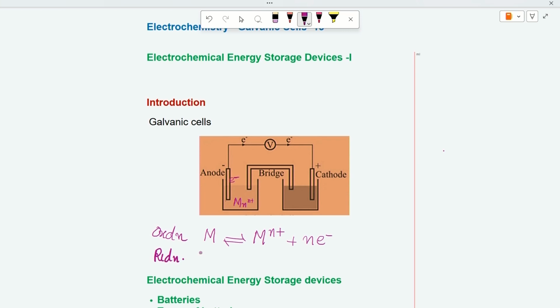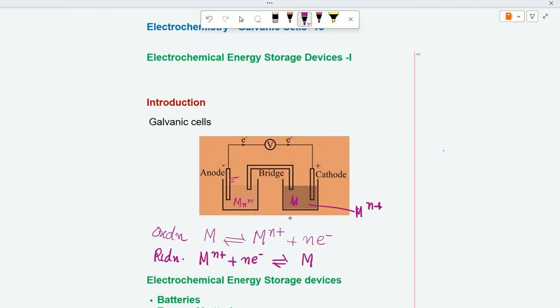where the metal ion with a valency n+ will take up n electrons and then reduce to the solid metal. Here you will be having Mn+ in solution.